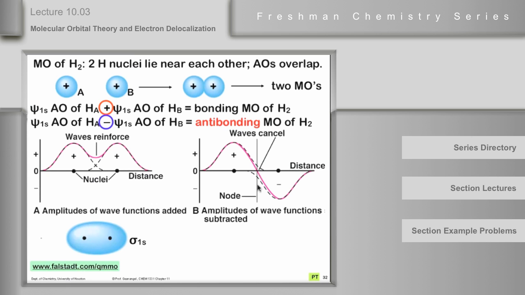Antibonding molecular orbitals look much different. They have a node in the middle, a place where electron density can't be. And they look, in this case, something like this. It's like an extremely nearsighted person here. The node in the middle comes from the area here where the waves cancel. The nuclei are still there, and what doesn't cancel is on the outside of them, so it doesn't contribute anything to the bonding.